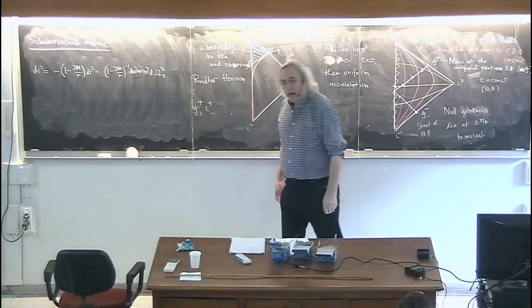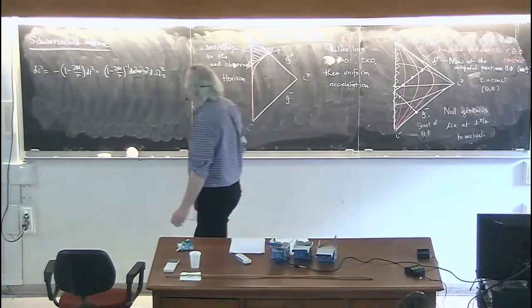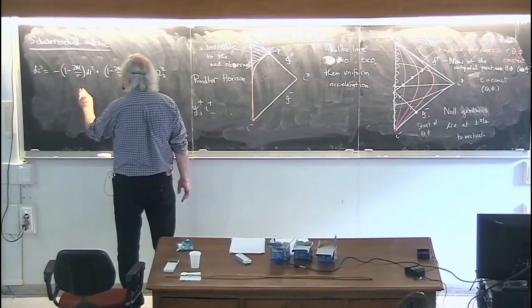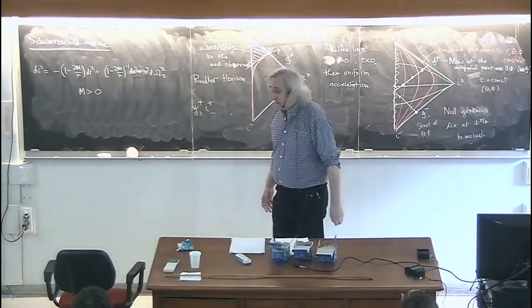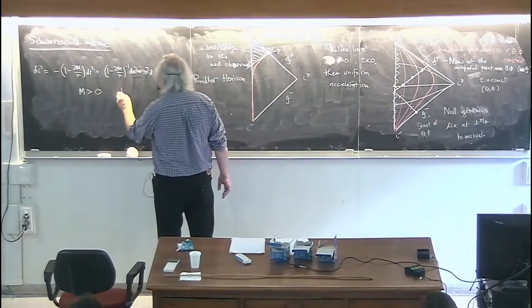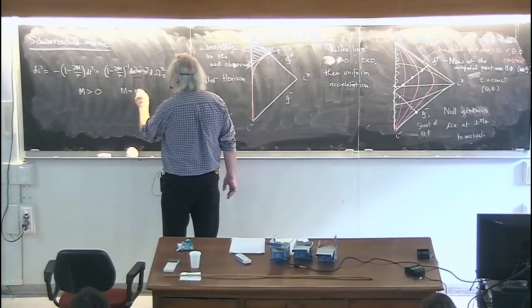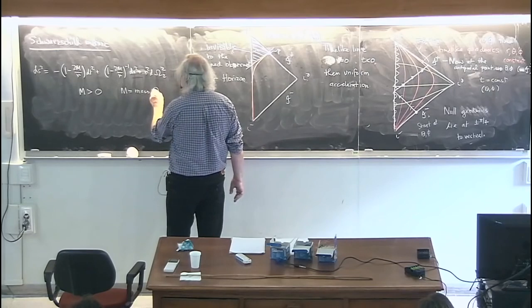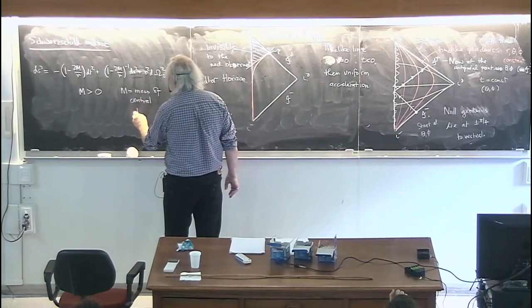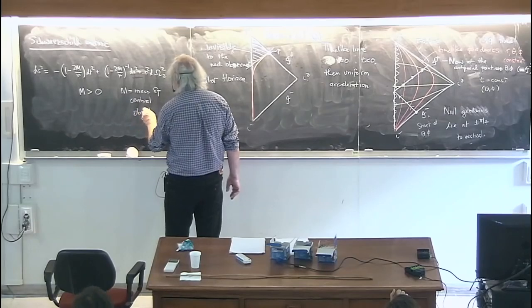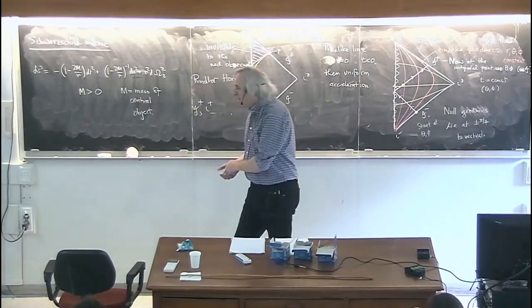M is taken to be a positive constant and represents the mass of some central object. Well, we've undoubtedly all seen this metric many times.